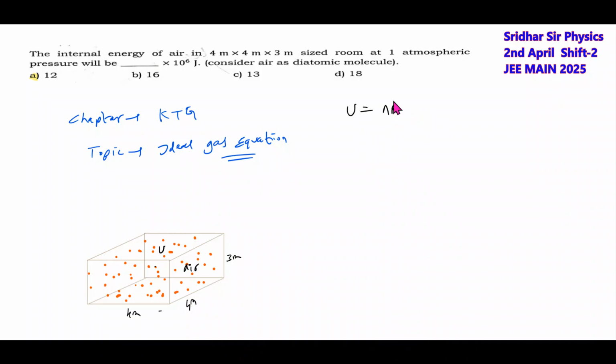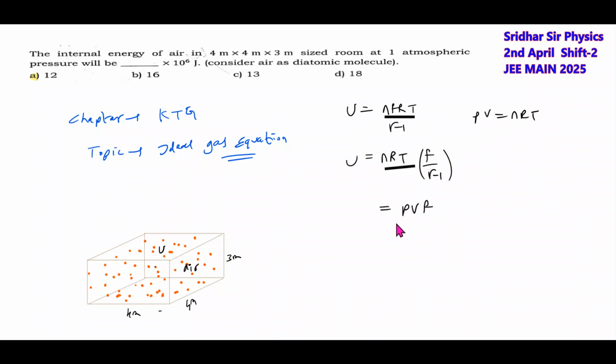The internal energy is f n R T by 2, which is nRT divided by (gamma minus 1). We'll keep it like this. From the ideal gas equation, PV equals nRT, in place of nRT I'll write PV.